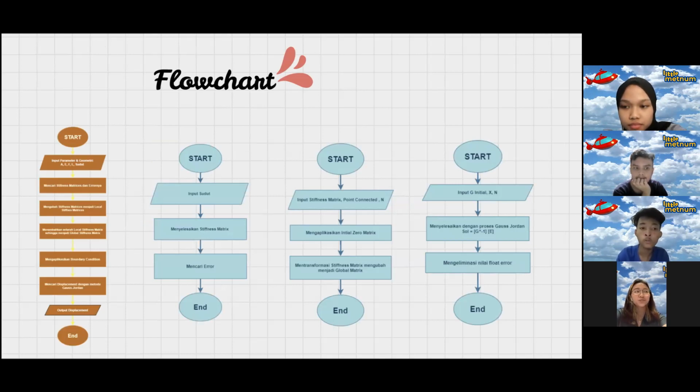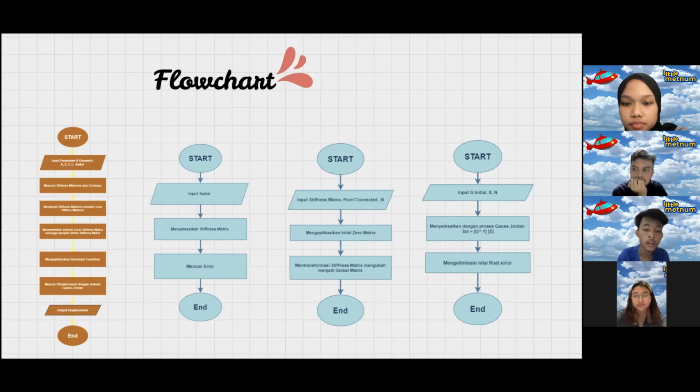Then we look for the stiffness matrices and its error, and change the stiffness matrices into the local stiffness matrices. Then we add all of the local stiffness matrices so they become a global stiffness matrix, and apply the boundary condition. Then we look for the displacement using the Gauss-Jordan method. Then we will have the displacement as the output, and the flowchart comes to an end.